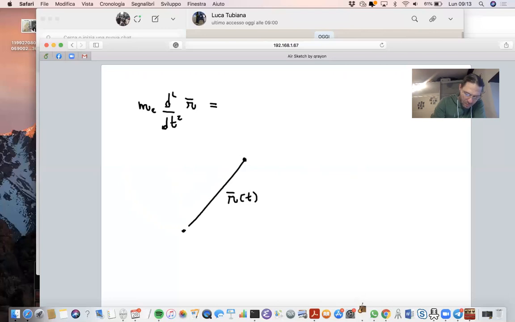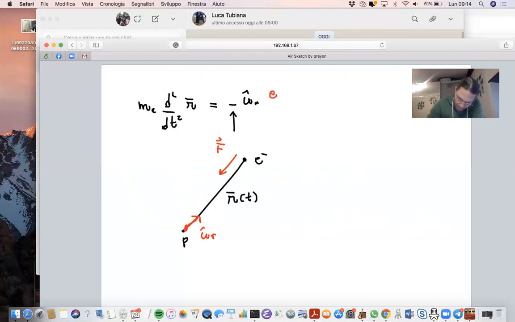So what I would have to do is to put the negative of the unitary vector pointing from the proton in the direction of the electron. It's an attractive force, and therefore it is going inwards, hence the negative sign. Because the Coulomb attraction goes in this direction, right? So it is opposite with respect to the distance between the proton and the electron.